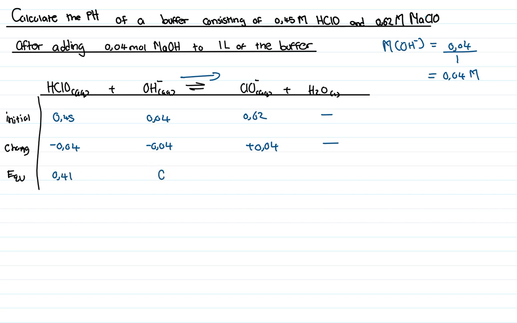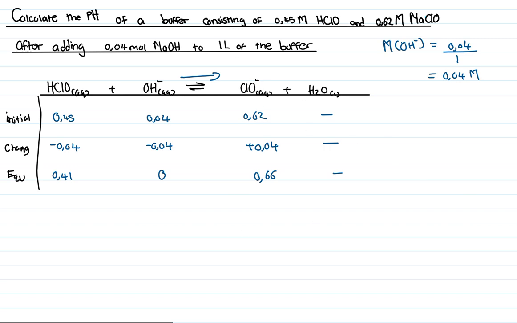And right here we have 0, now it's been removed, and then on that side we have 0.62 plus 0.04, and that gives us 0.66, and still nothing for water. So now that we have our equilibrium concentrations, we can go ahead and find the pH of the buffer solution.